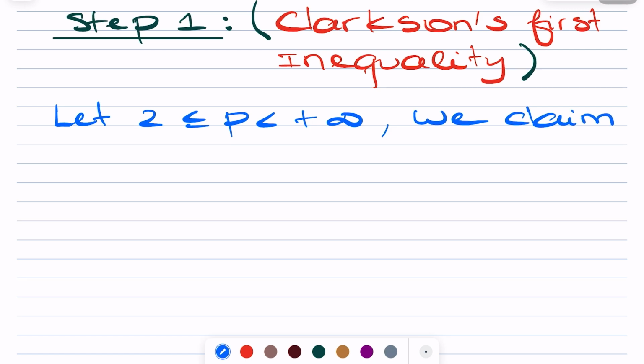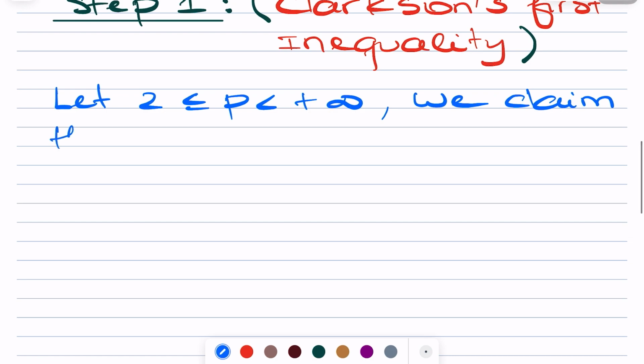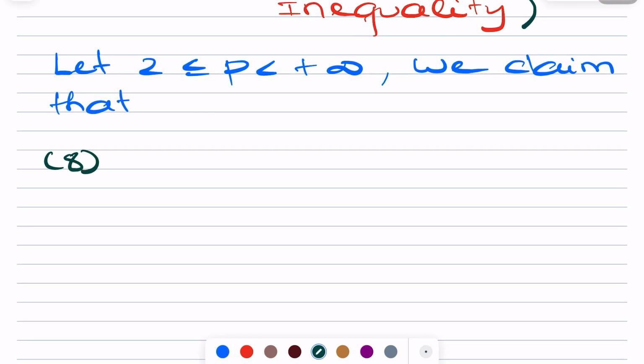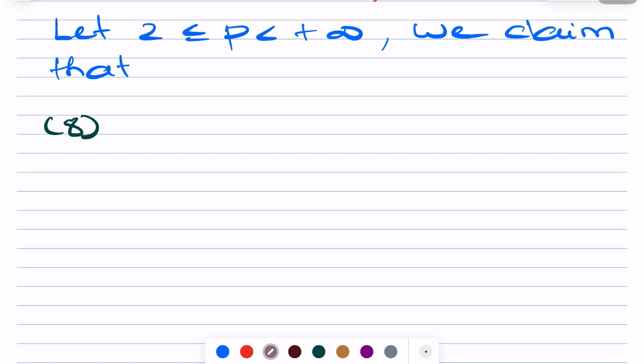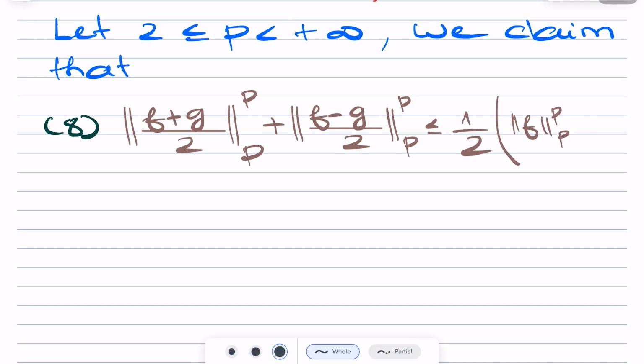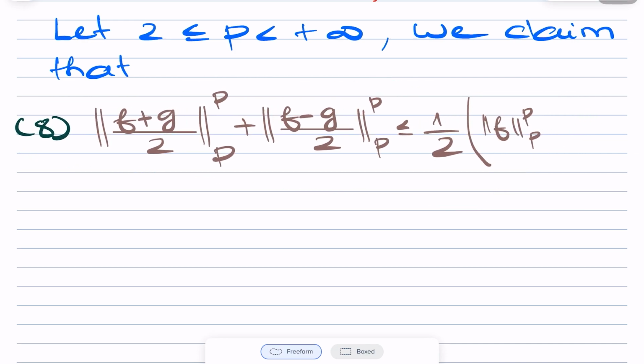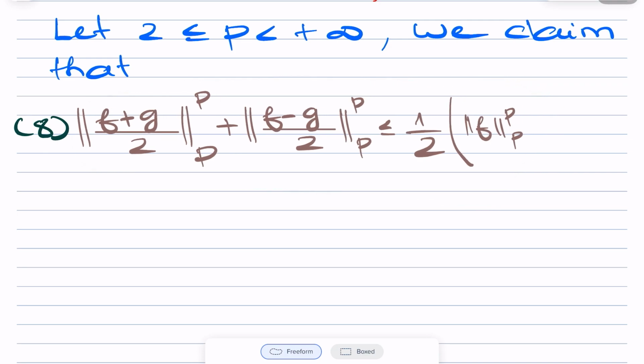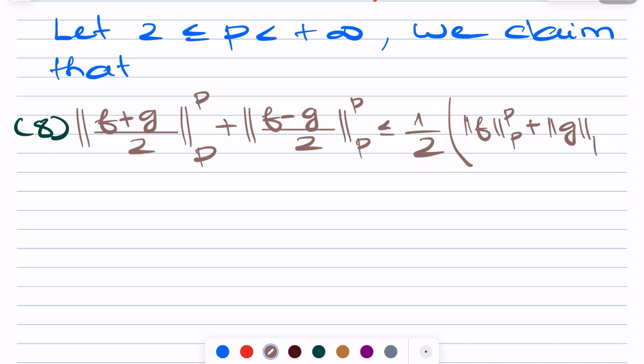We claim that, let's call it (8), we will probably refer to that later on, the LP norm of (f plus g) divided by 2, to the power p, plus the LP norm of (f minus g) divided by 2, to the power p, is less than or equal to 1 over 2 times the norm of f to the p plus the norm of g to the p.